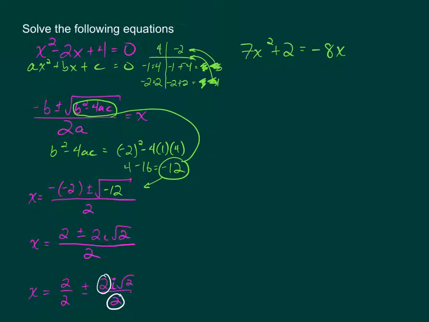So these two 2's here can simplify, and these 2's here can simplify. 2 divided by 2 gives you 1, plus or minus 2 divided by 2 gives you 1i square root of 3. So here's your answer for the left exercise.